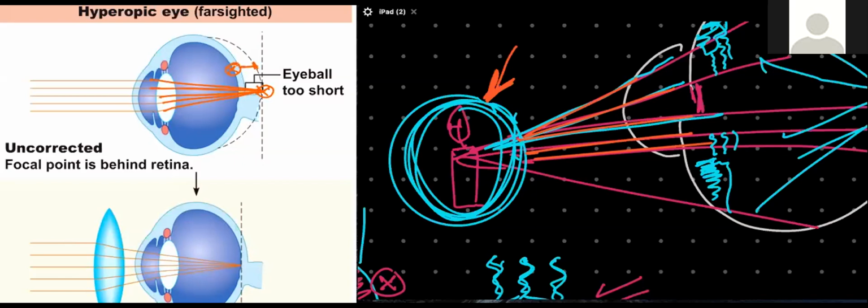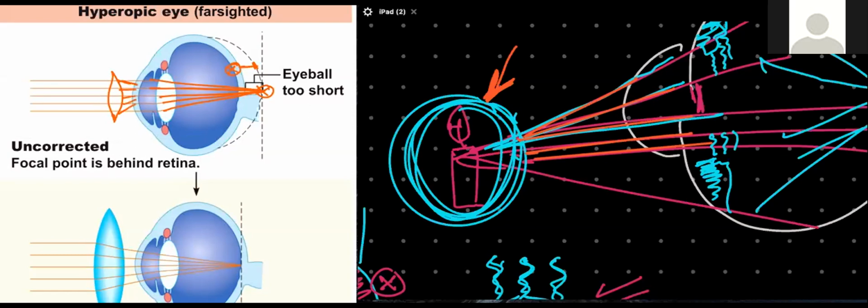So would I see as well as normal if the light is not focused on the retina? No, I can't see well because the light is not focused on the retina. So do I need extra convergence or less convergence than normal? The light gets converged after the retina. So I need extra convergence power. I need to add a lens that converges those light rays before they get into my eye.